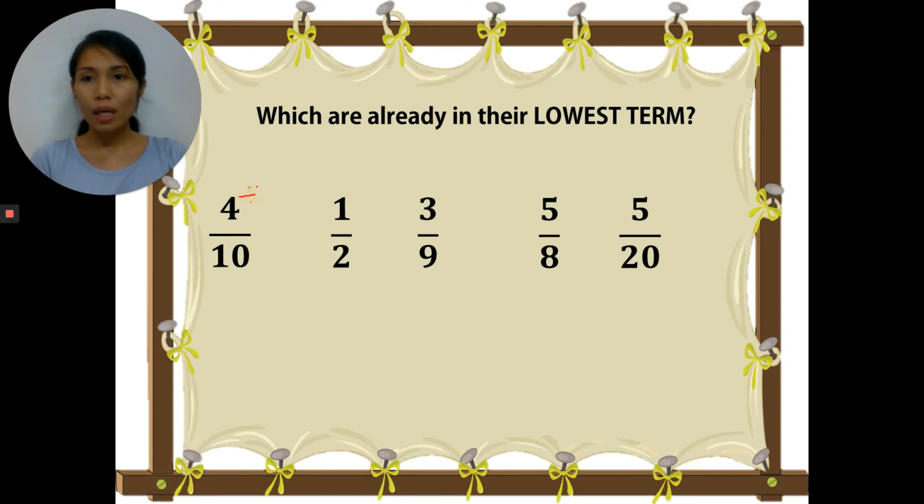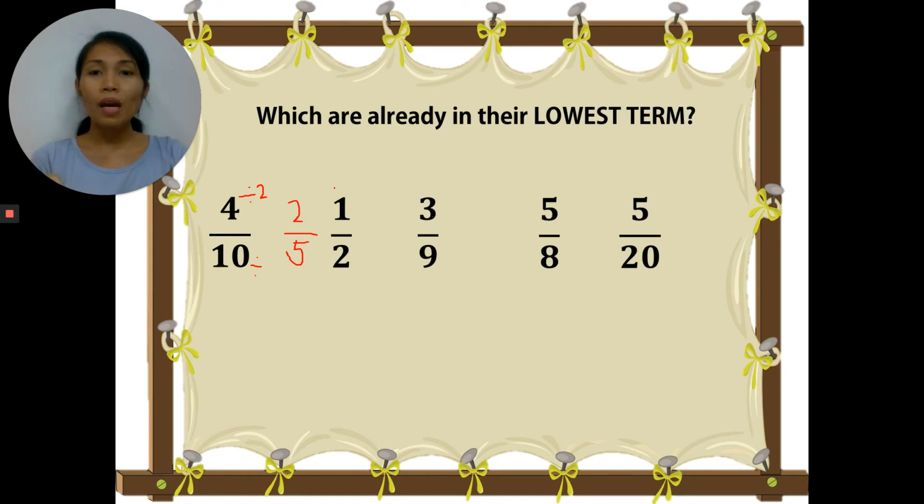Yes, we can use 2 since both of them are even numbers. Remember, even numbers can be divided by 2. So since 4 and 10 are both even numbers, we can use 2 in here. So 4 divided by 2 is 2 and 10 divided by 2 is 5. So that means the lowest term is 2/5.